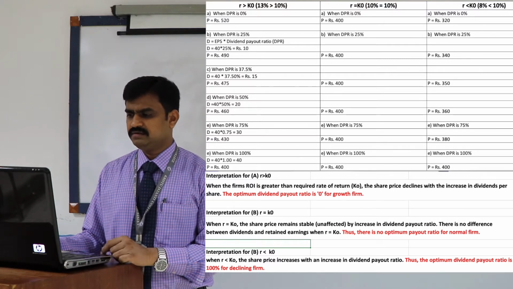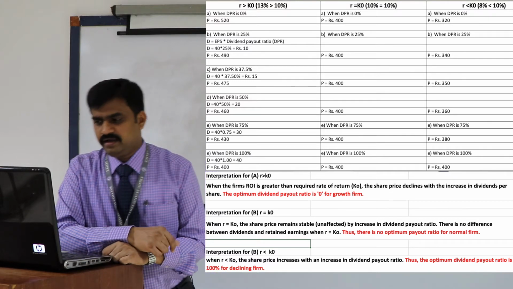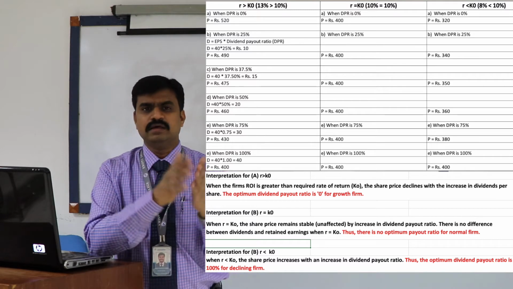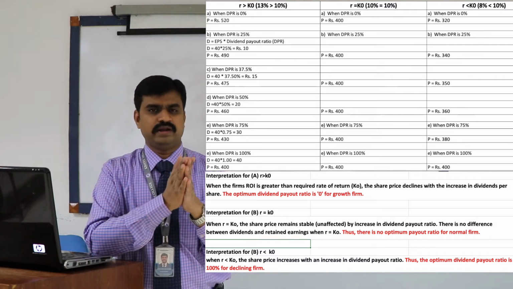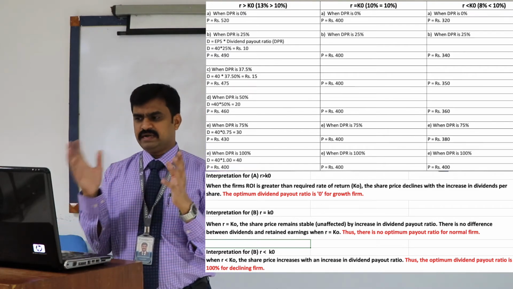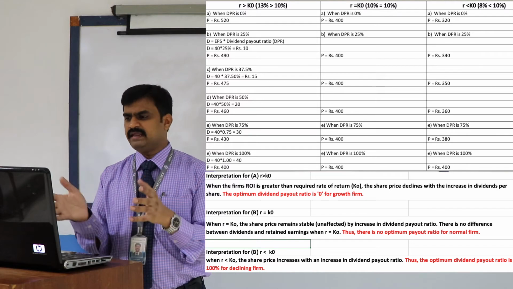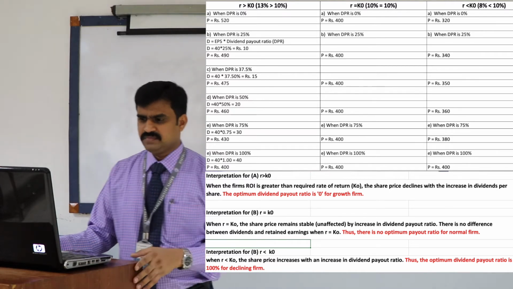Why do you say that? Because it has the highest share price. Yeah, when the DPR is 100%, my share price is increased to the maximum, that is rupees 400. What does that show? That shows that for the declining firm, the optimum dividend policy is 100%. Do you agree?